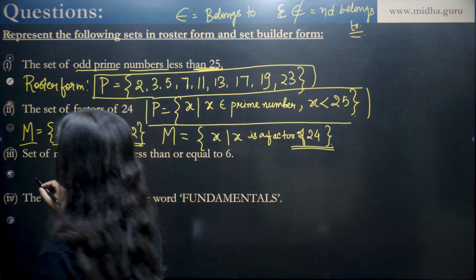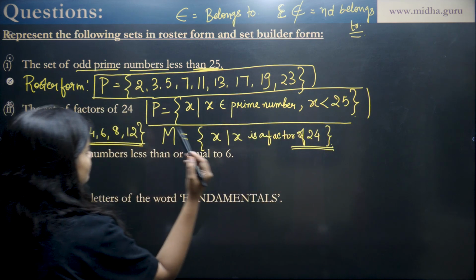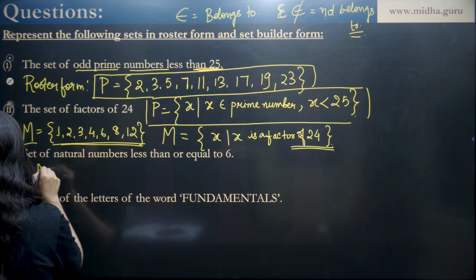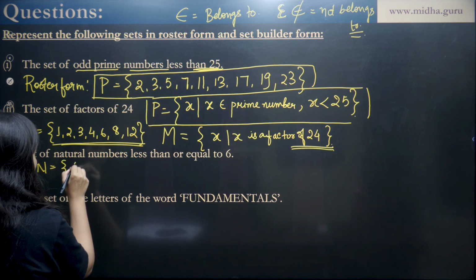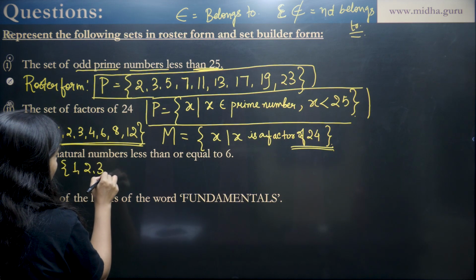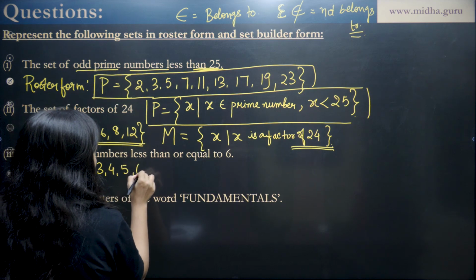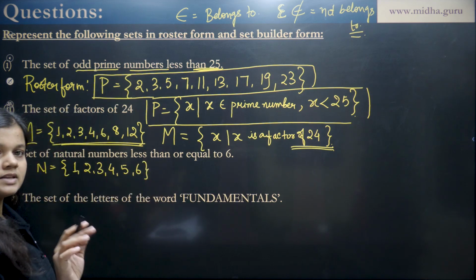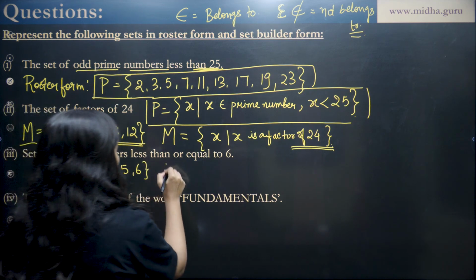Now next is the set of natural numbers less than or equal to 6. So 1, 2, 3, 4, 5 and 6. These are the elements included in this, and that is roster form.